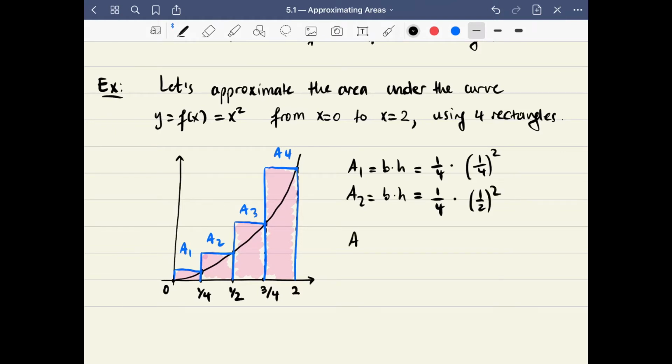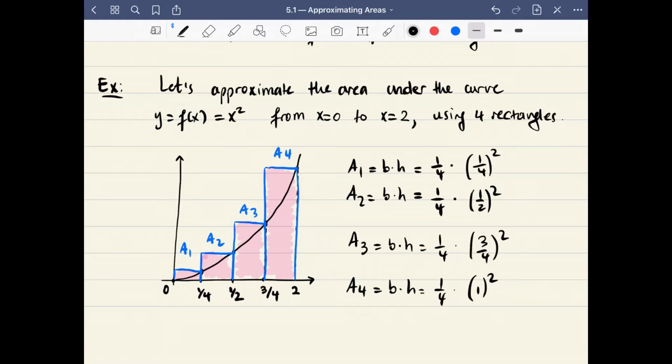So A3 is again base times height, so this is 1/4 times the height, which is going to be 3 over 4 squared, and then the last one is base times height, which is 1 over 4 times 1 squared.